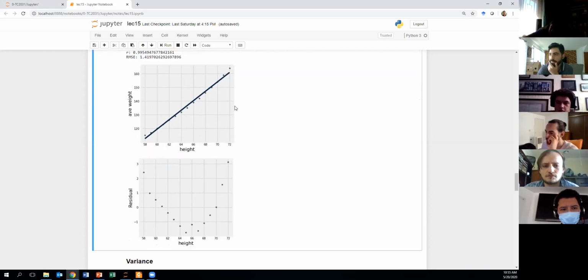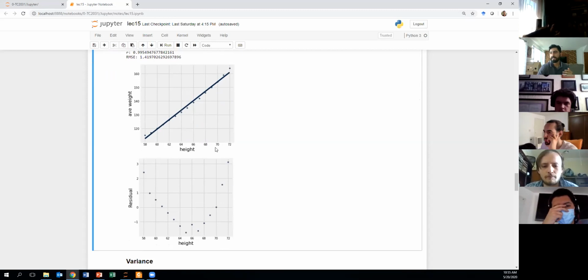So I have another question for you. For example, here, looking at a height of, let's say, 70 inches, I get this point from my regression line, at 155 average weight.